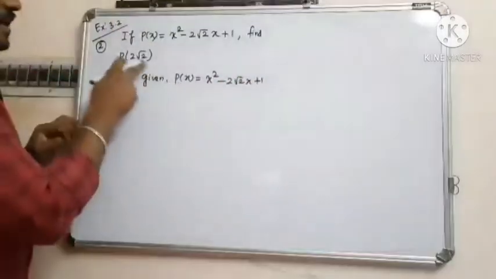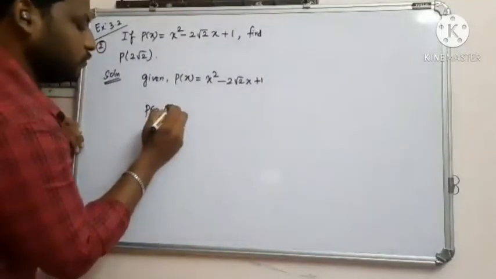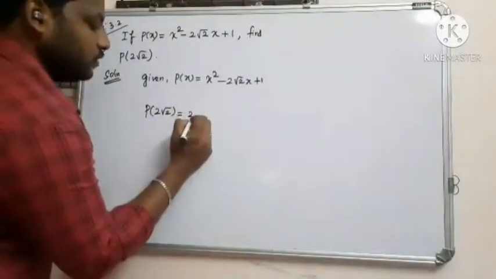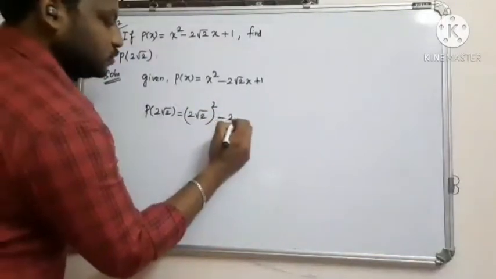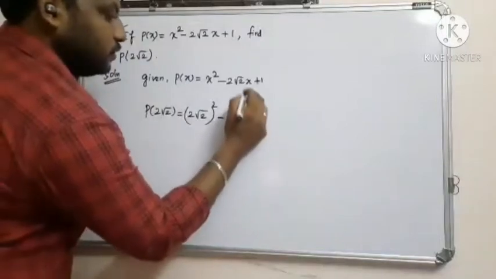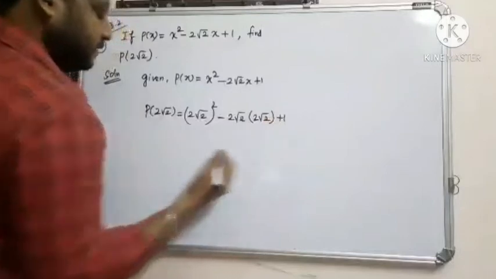So instead of x, you have to substitute 2 root 2. p of 2 root 2 is equal to 2 root 2 the whole square minus 2 root 2 into, instead of x, you have to write 2 root 2, plus 1.